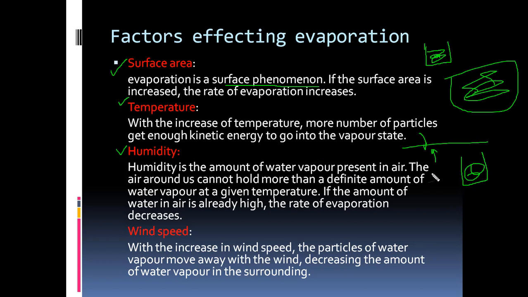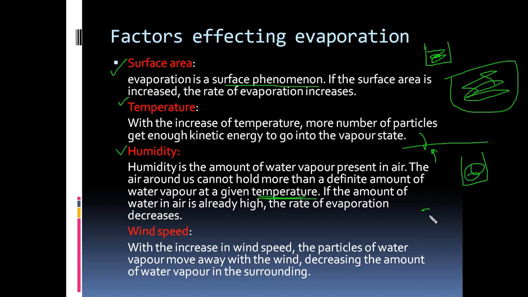The air around us cannot hold more than a definite amount of water vapor at a given temperature. So at a given temperature, the amount of water vapor present in the air is fixed.